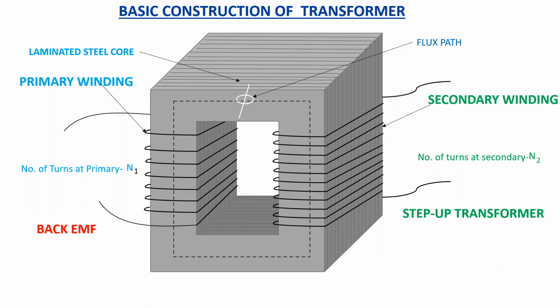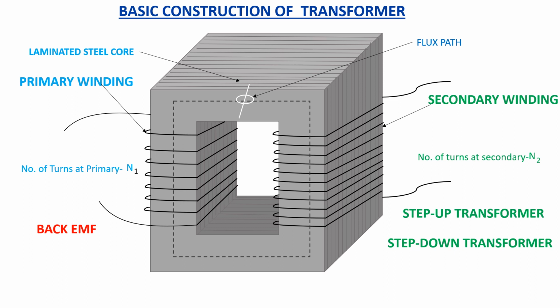Now come to step-up and step-down transformers. When high voltage at the primary side is transformed to low voltage at the secondary side, the transformer is said to be a step-down transformer. Similarly, when low voltage at the primary side is transformed to high voltage at the secondary side, the transformer is called a step-up transformer.